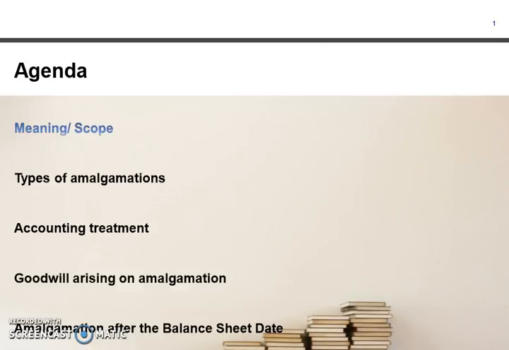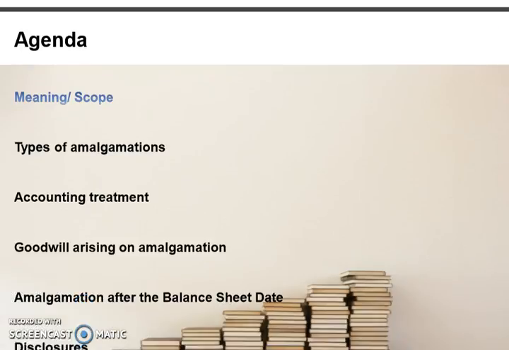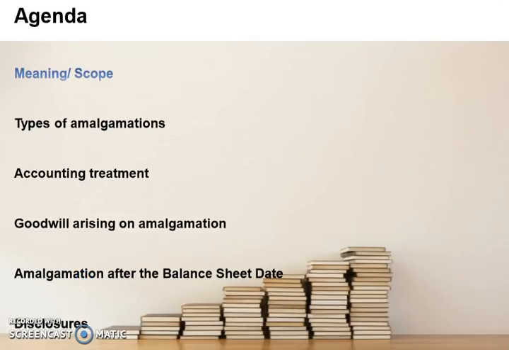Then the types of amalgamation under AS14, how to account for amalgamation transactions, goodwill that arises on amalgamation, or reserves if any, how to treat that, disclosure requirements in the notes of financial statements, and what needs to be disclosed if amalgamation takes place after the balance sheet date.